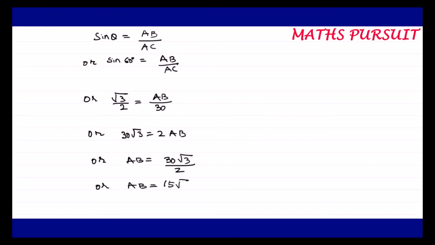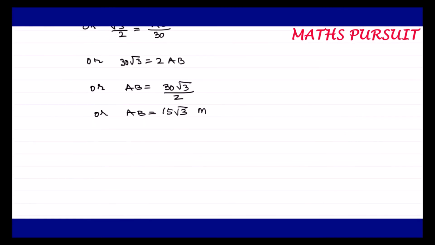They have given the lengths in meters, so I can write AB is equal to 15 root 3 meter. As per the question, we were asked to find the height of the tower.